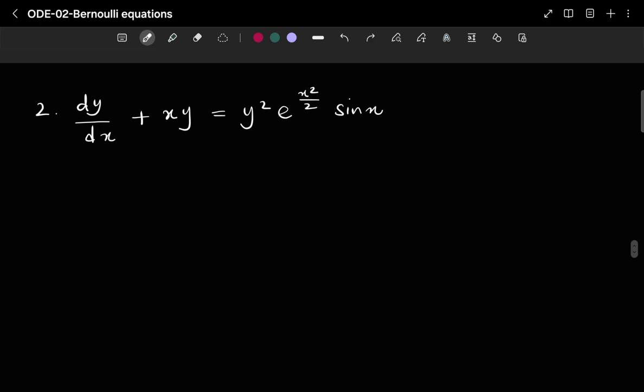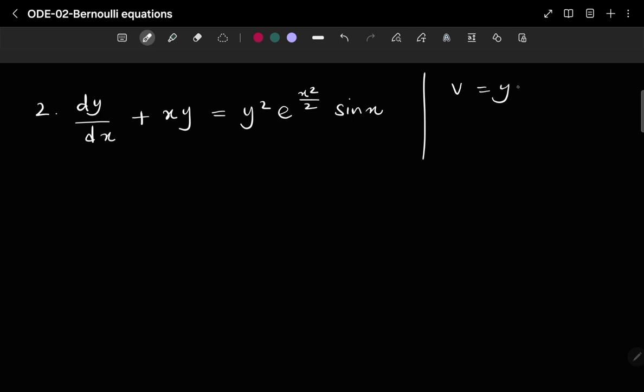Moving on to the second one, we have dy/dx + xy = y^2 e^(x^2/2) sin x. Here also we have to take the integrating factor, but before that we have to determine v.